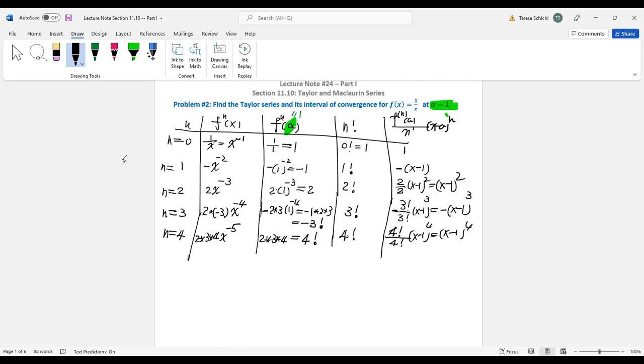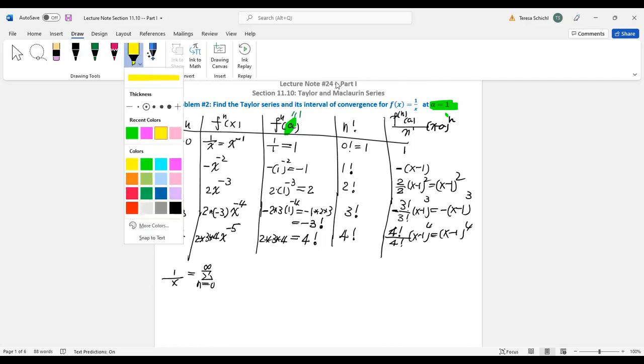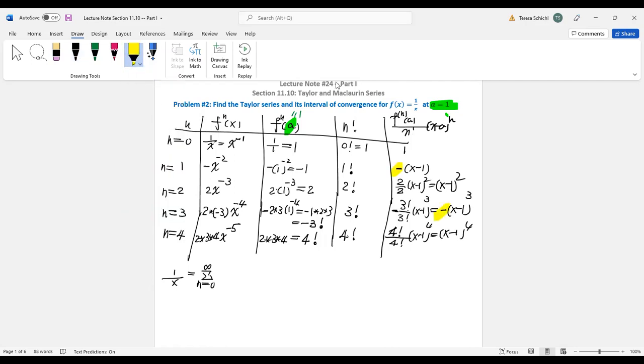Okay, now I see the pattern, right? So I will say 1 over x, I can write it as a summation with n from 0 to infinity. And you also notice here this is an alternating series: negative at the odd terms and positive at the even terms.